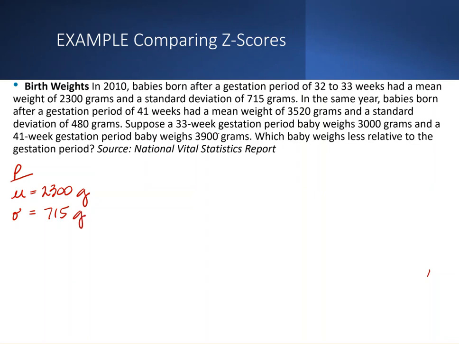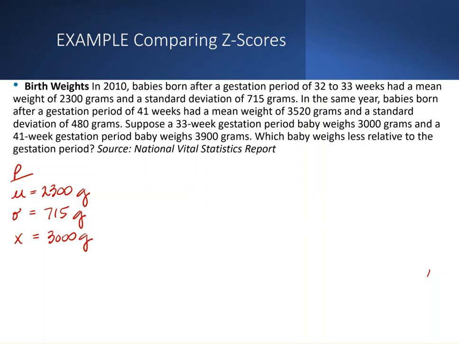And then I'm going to scan through the rest of this, and it says, suppose a 33-week or preemie baby weighed 3,000 grams. So the actual baby I want to talk about, that individual data point, would be the 3,000 grams for that particular baby.